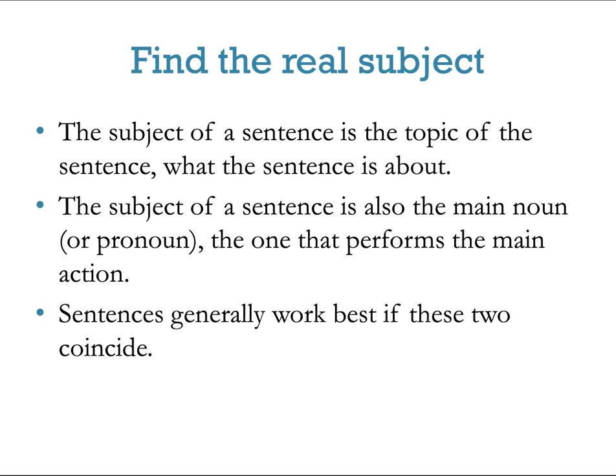The subject of a sentence is the topic of the sentence, and that's what the sentence is all about. The subject of a sentence is also the main noun or pronoun, the one that performs the main action. Sentences generally work best if these two coincide. So, is everything working in unison to make everything happen?